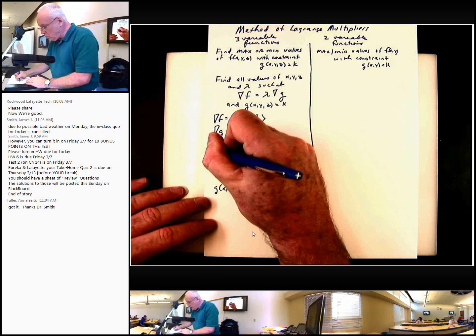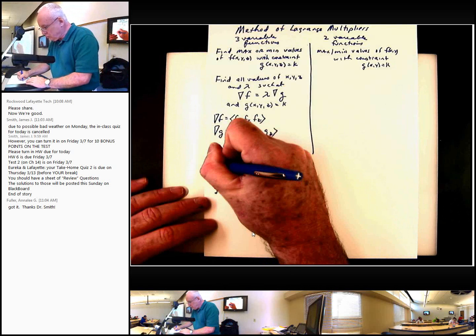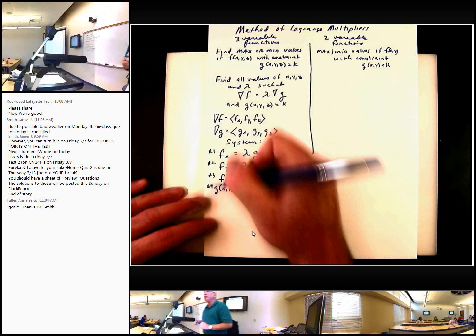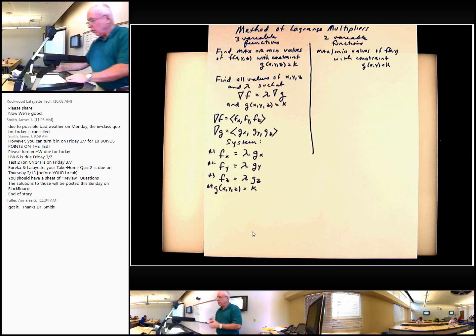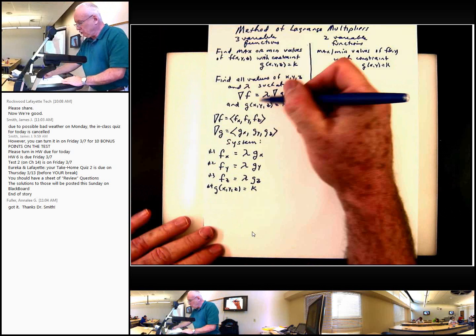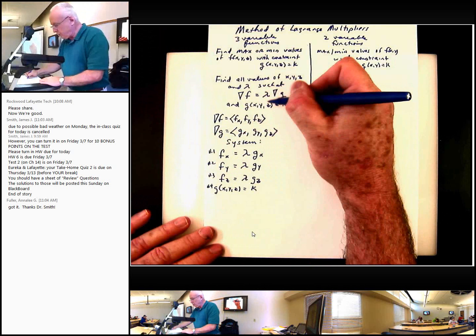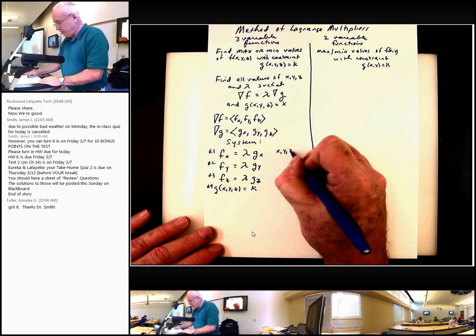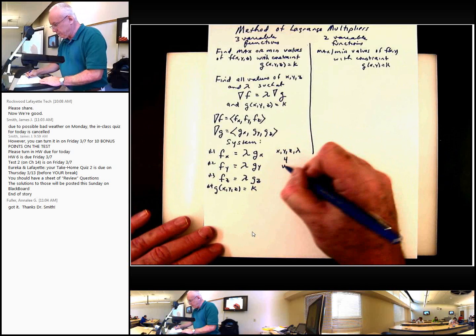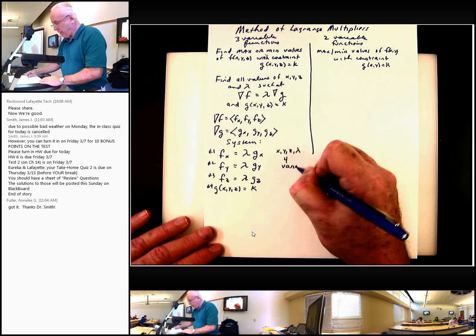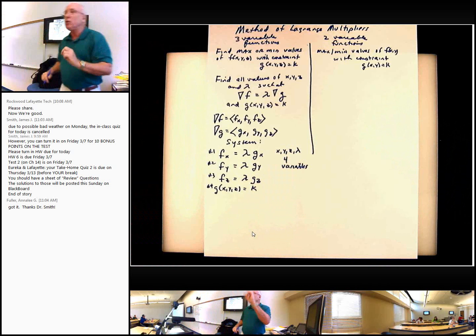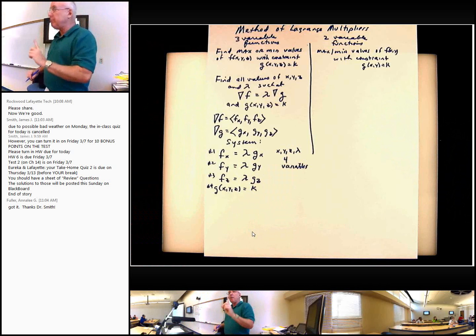We have 4 equations and 4 variables: x, y, z, and lambda. Now one thing is, we don't necessarily have to solve for the lambda.